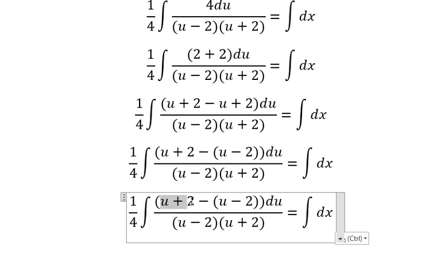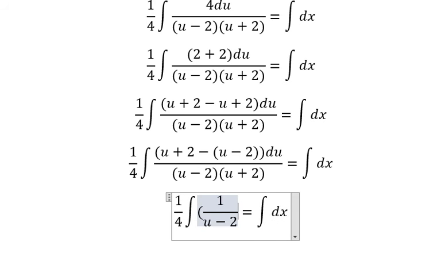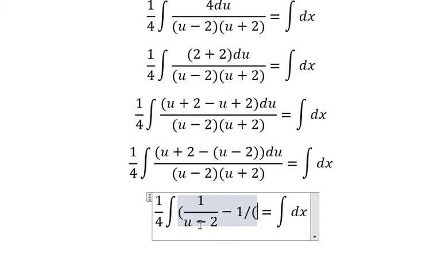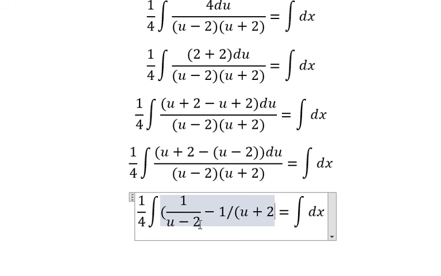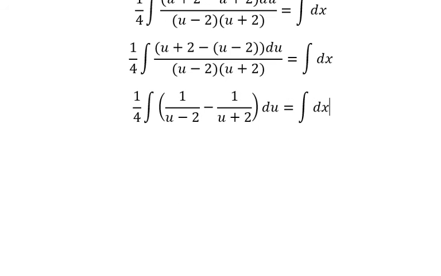So this one divide by this one, and this one divide by this one. So we will have 1 over u minus 2 negative 1 over u plus 2 du. So we have the final answer.